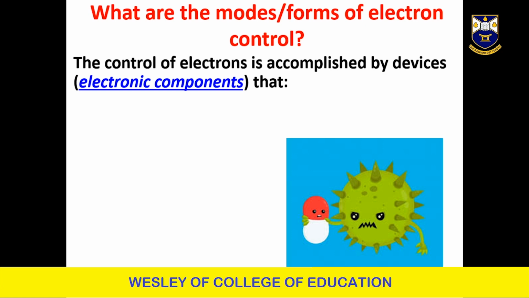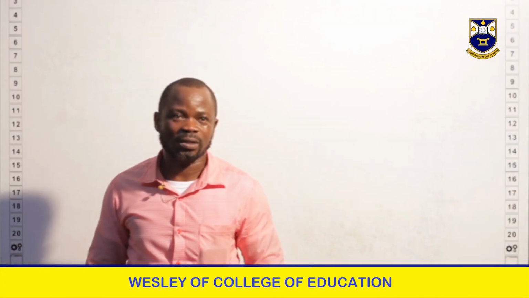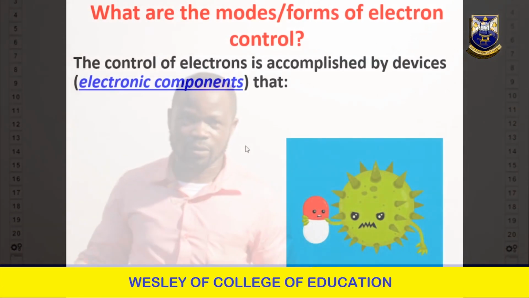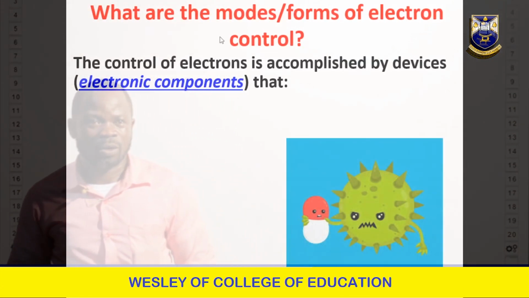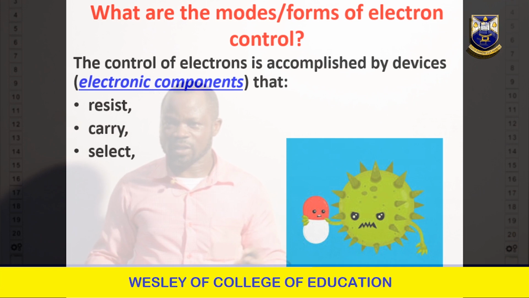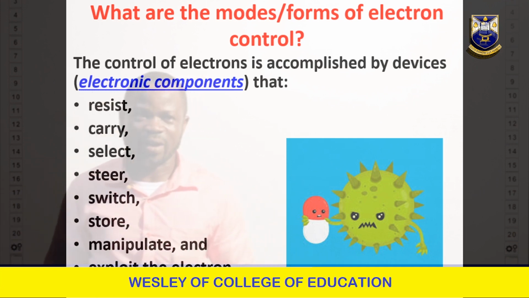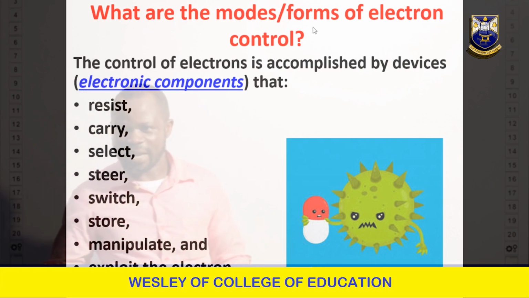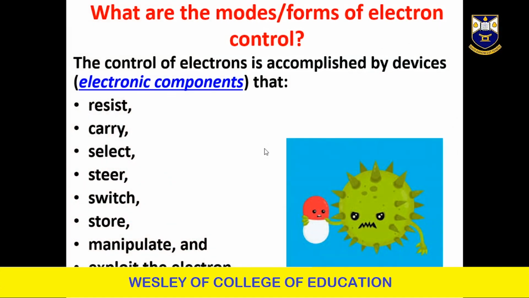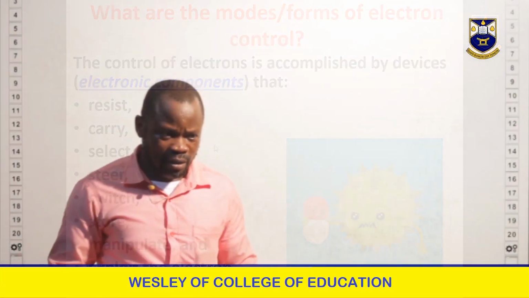The devices would have the ability to resist the flow of the electrons. They may carry the electrons across. Again, they may select which type or how many electrons should go through the given device. They may steer them. If we say steering, it's just like being behind the wheel of a car and trying to control the steering wheel.